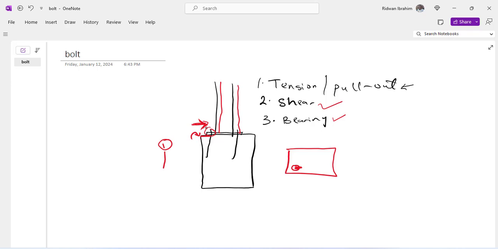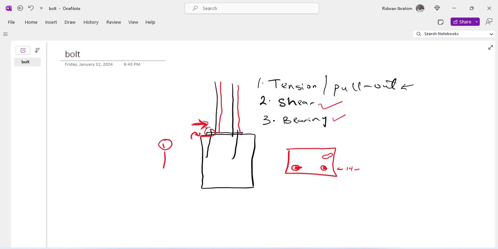So if the hole that was in the plate before is 14 mm diameter, and the hole now widens up to look like maybe something like this, as this force is trying to push this UC beam, the bolt is also going in that same direction as the force. In that case, the bolt has already sheared inside of the plate, so that is called bearing.